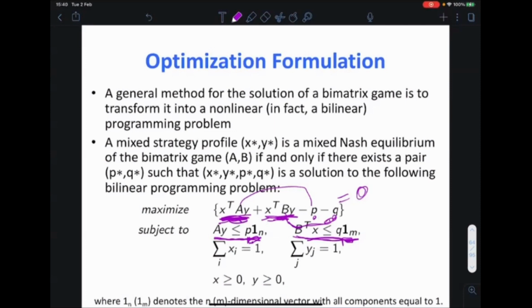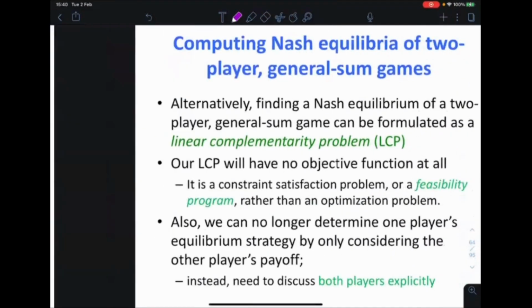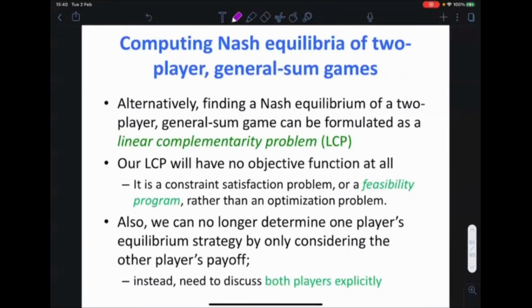So in fact, you don't really do the optimizing at all. You just want to make them equal. So that's why you can create it as a linear complementarity problem. There's no maximization or minimization. It is a feasibility program.